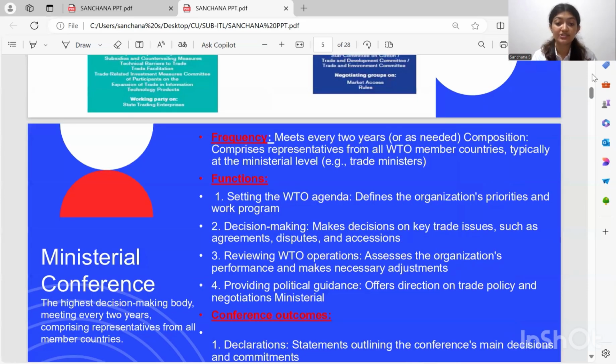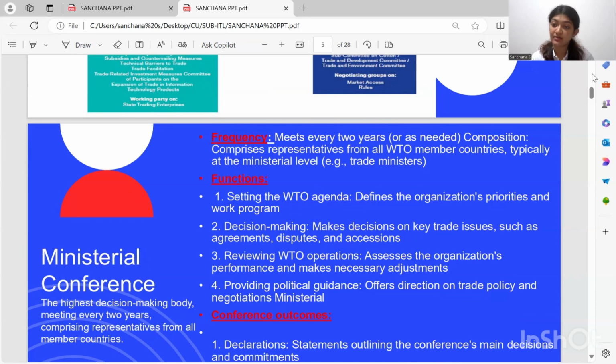Moving on to the Ministerial Conference. It is the highest decision-making body, meeting every 2 years, comprising representatives from all member countries. So the frequency of the meeting is every 2 years, and the composition comprises the WTO members who are part of the member countries. Functions: setting the WTO agenda, a very important function which defines the organization's priorities and work program.